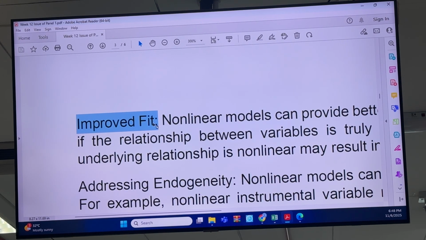If you move to nonlinear models, let's say the switching models, the threshold models, or the asymmetric ARDL, your models can explain the real situation compared to the linear model. So it's called improved fit.